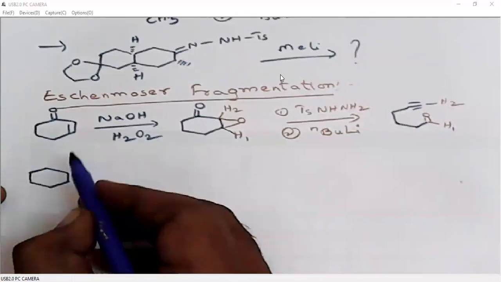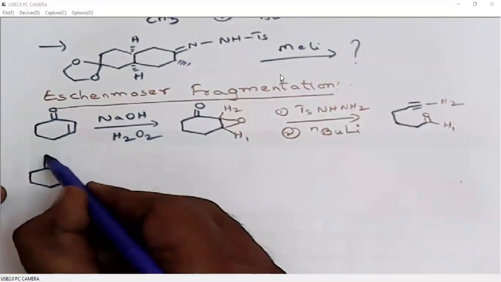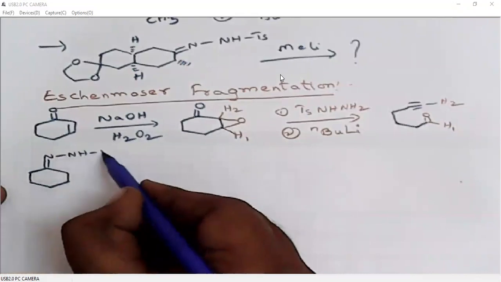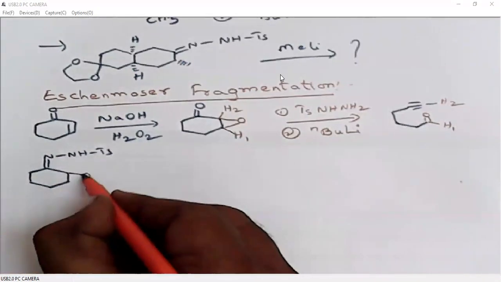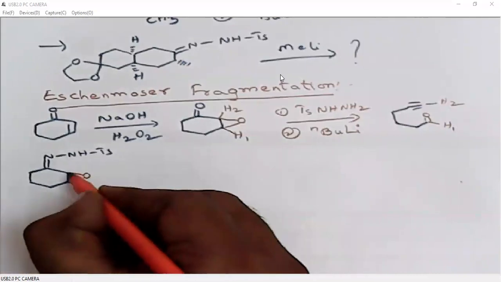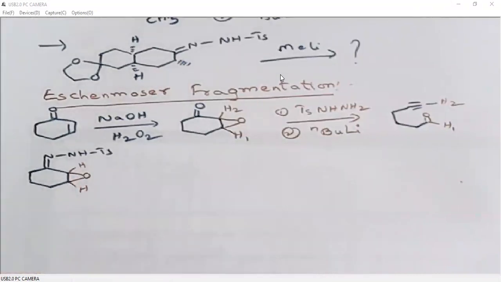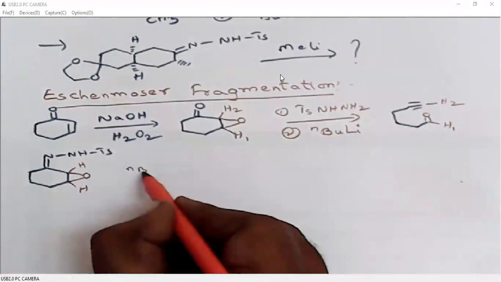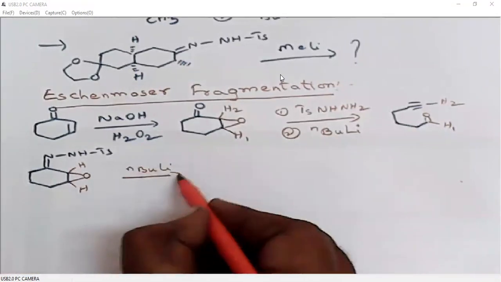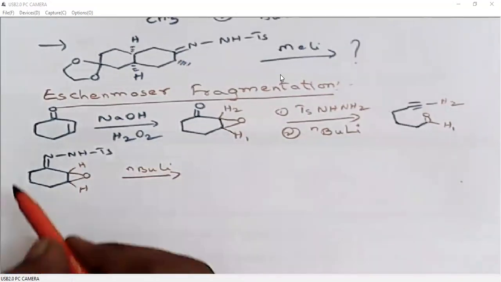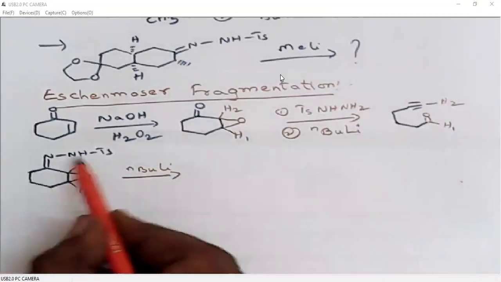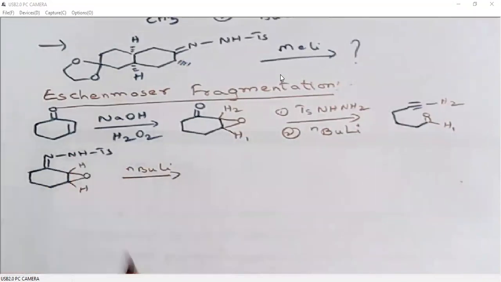So we have this tosyl hydrazone, and we also have this epoxide. Then when we add base, of course a negative charge can be generated here and here, but this is useful for us.